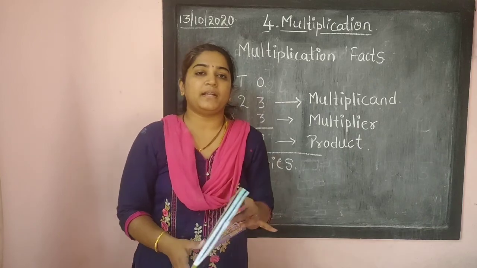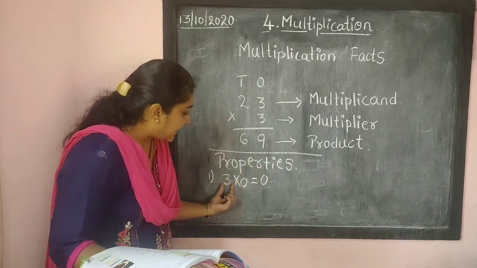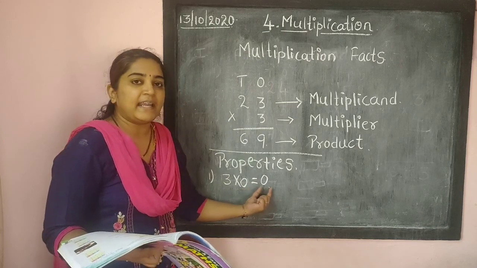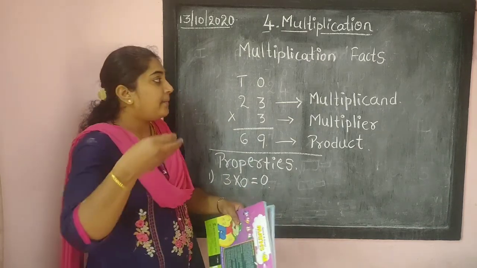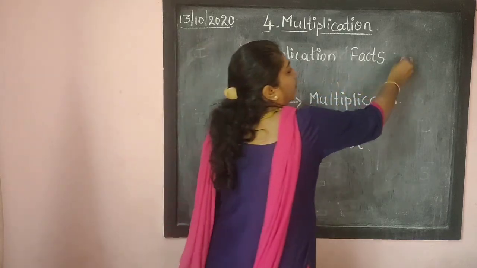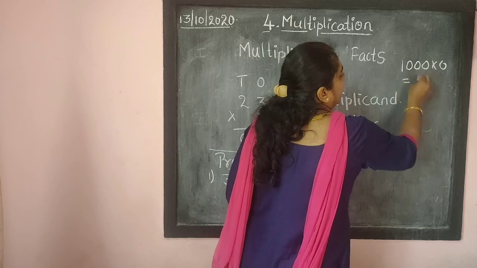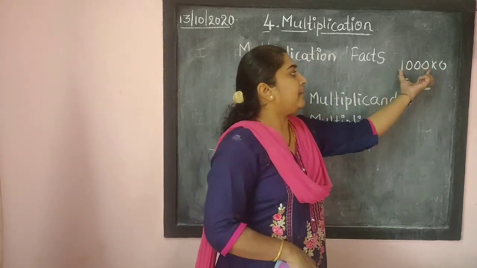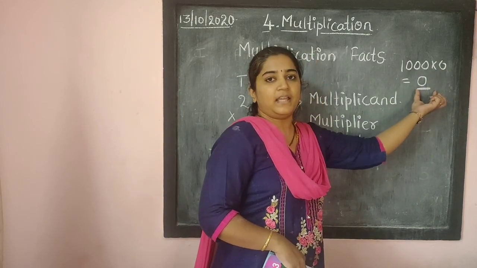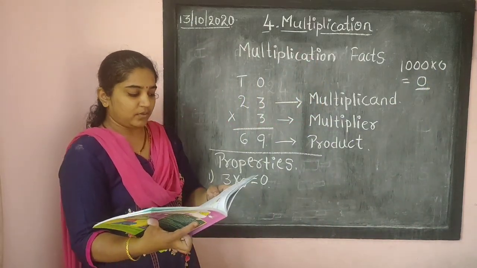What is the first property? Any number multiplied by 0, we'll get the answer as 0 only, however big the number is. It may be 1000 into 0, and we will get the answer as 0. What is the second property?